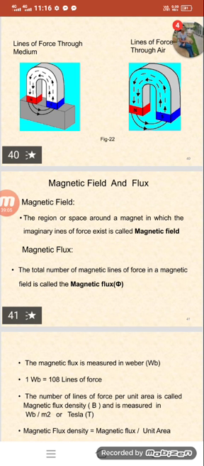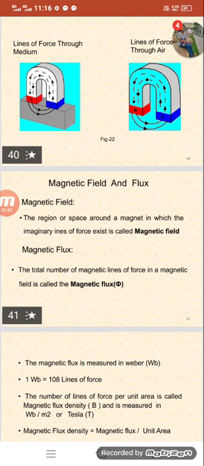What is the meaning of magnetic flux? Magnetic flux is the total number of magnetic lines of force in a magnetic field. In a magnetic field, the total number of magnetic lines of force is called the magnetic flux. This magnetic flux is normally measured in Webers.